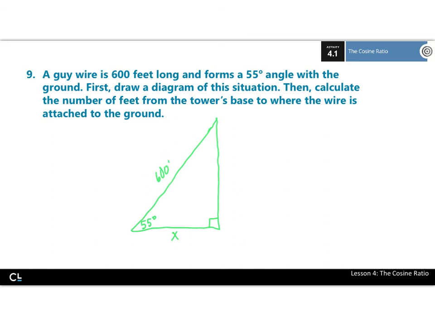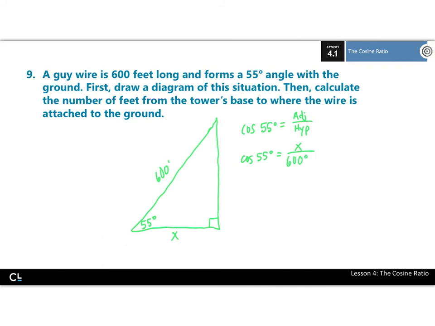The trig function that uses adjacent and hypotenuse is cosine. So the cosine of 55 degrees is adjacent over hypotenuse. So in our situation, cosine 55 degrees, adjacent is x, hypotenuse is 600.